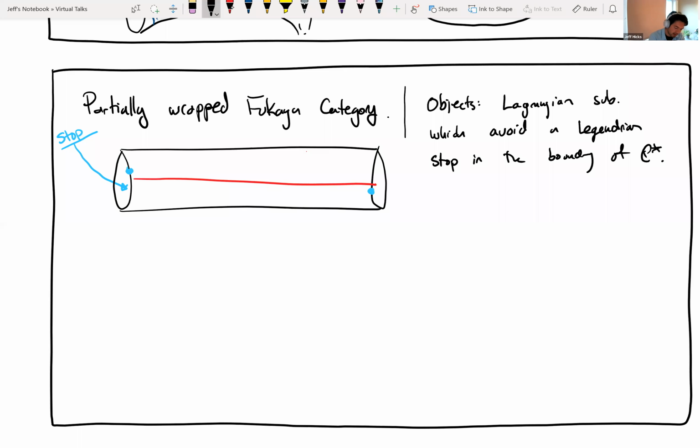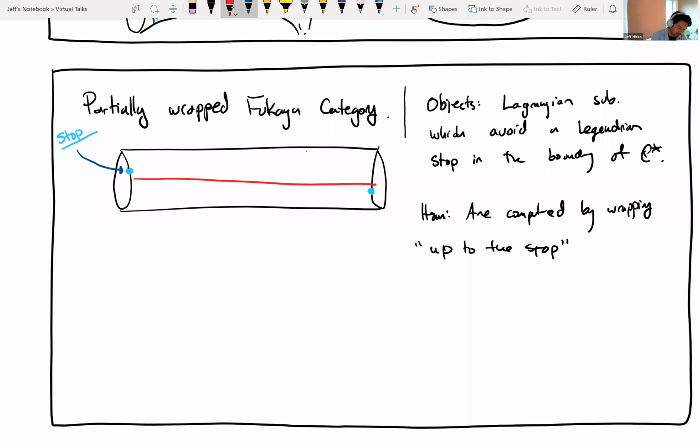So the Lagrangians that I'm going to consider have to avoid some pre-specified Legendrian that I've tacked on. And the homomorphisms are computed by wrapping up to the stop.